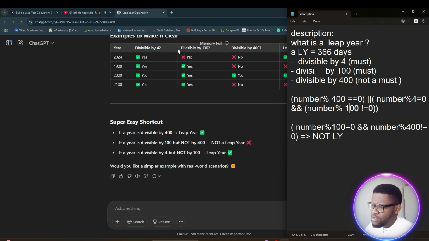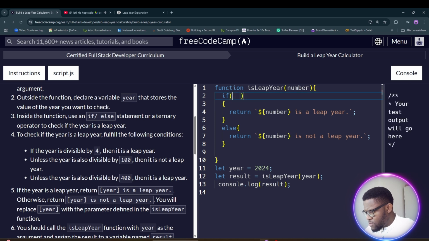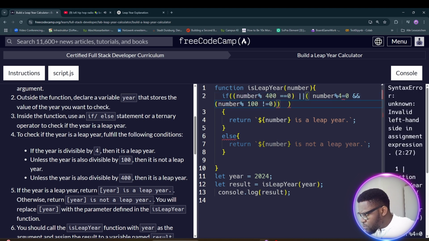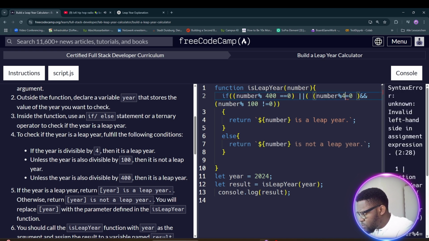Normally, an else if statement would be good, because if it's divisible, leap year, so this is the right condition. We copy it and put it here. There's a bracket that's missing somewhere here.